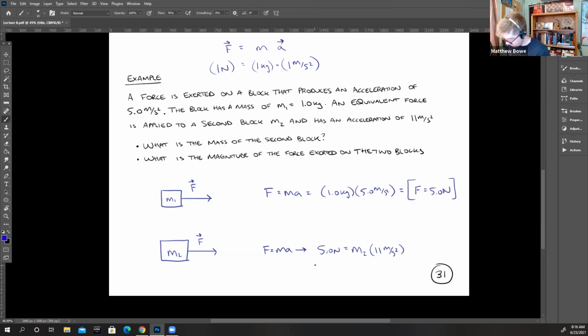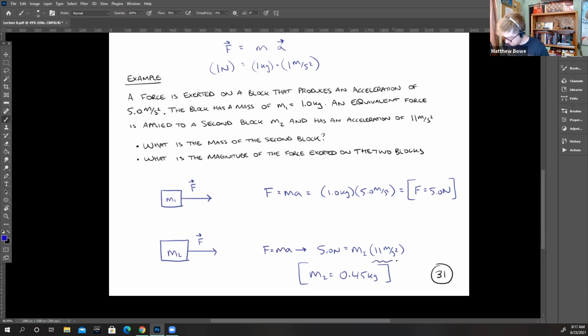Dividing over, we get mass 2 is 0.45 kilograms. So that makes a bit of sense, because if we have a smaller block, so M2 is smaller than M1, we have this smaller block that is less massive.